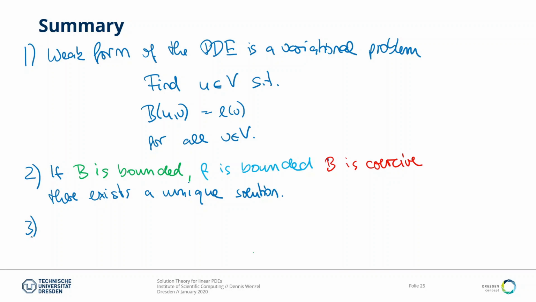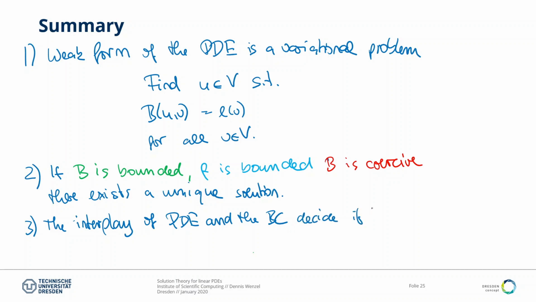And the last step is something in between the summary and the outlook: the interplay between the PDE and the boundary conditions decides if this is true. That's something that you probably haven't seen in ordinary differential equations that strongly.